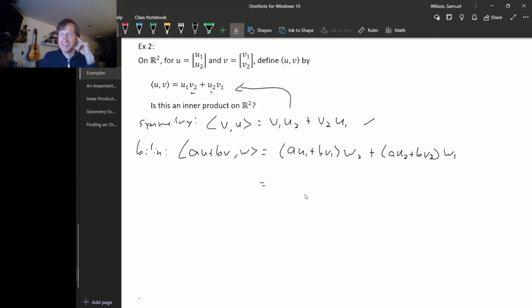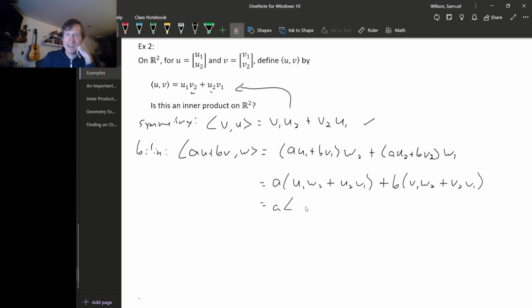Then when we multiply all of these out and group them appropriately, we get A times (U1 W2 plus U2 W1) plus B times (V1 W2 plus V2 W1). And this is indeed A times U inner product W plus B times V inner product W. So this is bilinear.